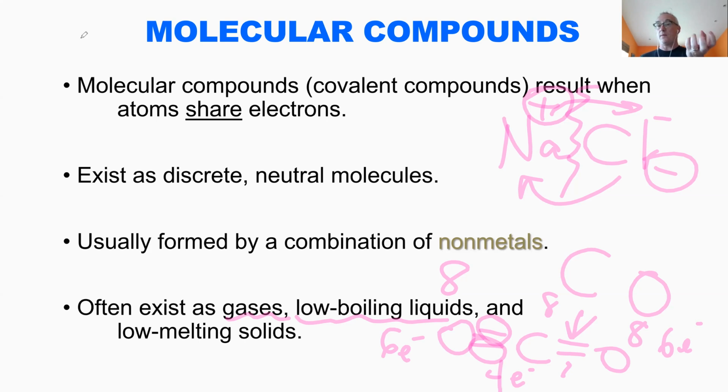If you have soda, which is just water with carbon dioxide in it, and you warm it up, or leave soda out on the counter for any period of time, the carbon dioxide comes out of it. So it's not particularly soluble. They have different properties than ionic compounds do.